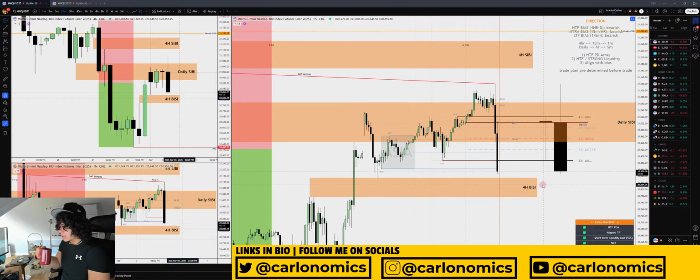If I do see a 15-minute fair value gap from this 4-hour gap, then I'm going to look for longs. So we're going to see if we get some nice setups today. If not, then we can call it, we can be hands-off for today because remember, it's just the beginning of the week.